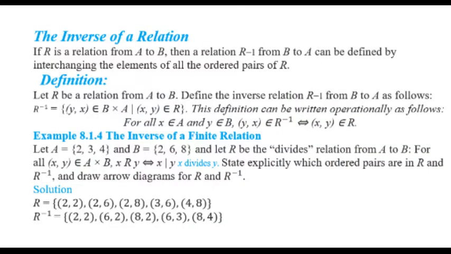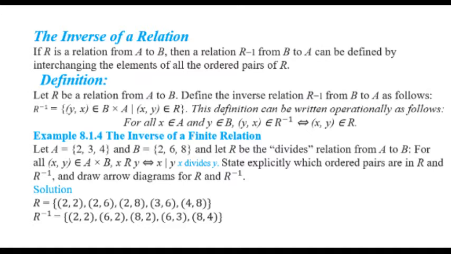Okay, so after that simple example, let's define the inverse of a relation. So consider R as a relation from A, which is the domain of R, to B, which is the codomain of R. Then the relation R inverse from B to A can be defined by interchanging the elements of all the ordered pairs of R. Let's define the inverse of a relation formally.